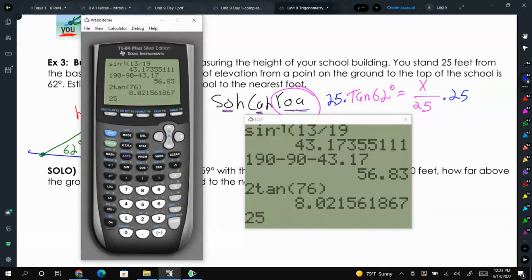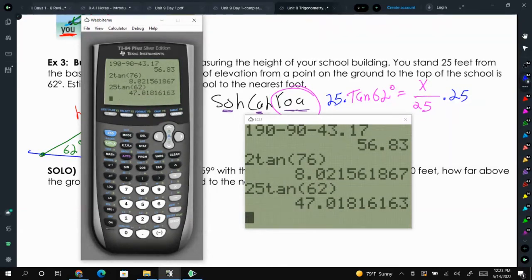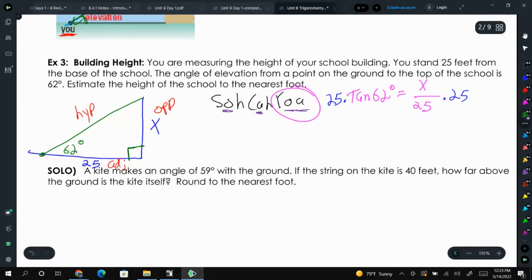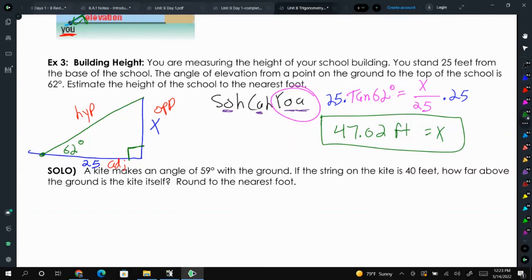So 25 times the tangent of 62 is 47.018, or 47.02 feet. So being able to label your triangles is super important in getting these done.